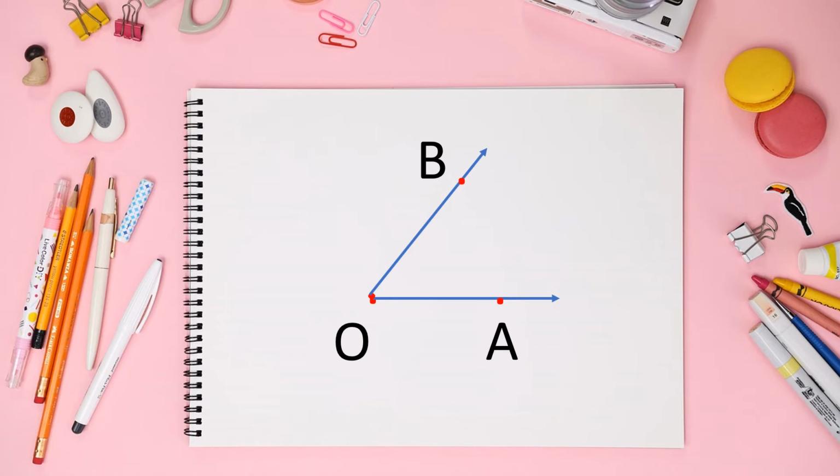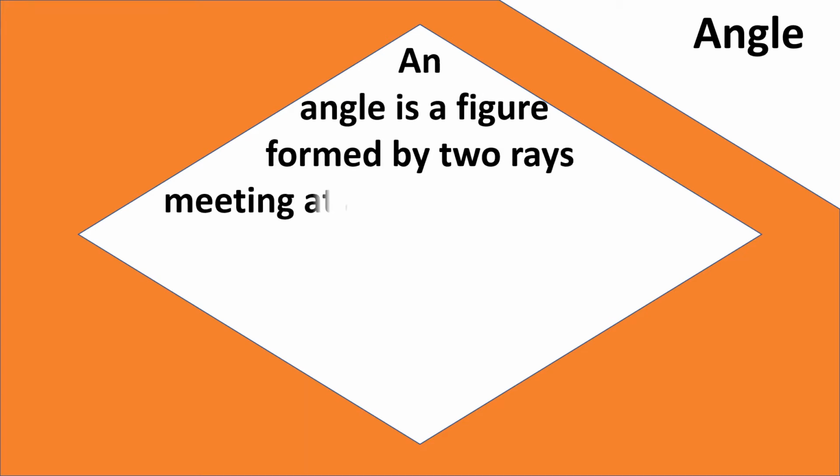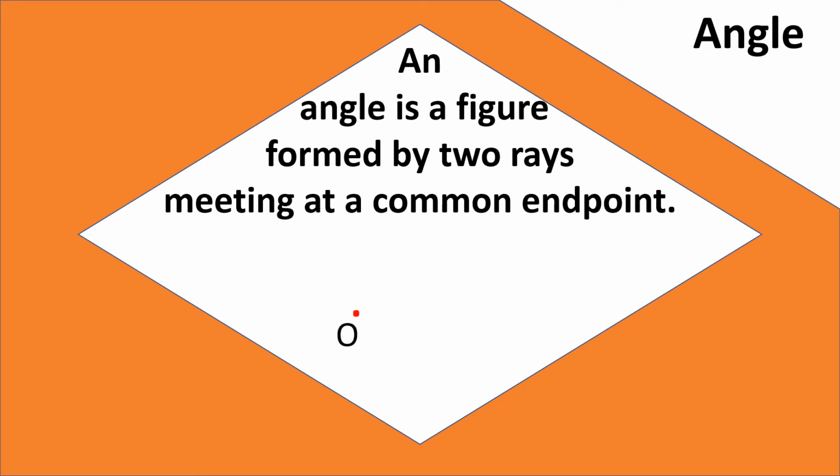The angle is this. Therefore, we can say that an angle is a figure formed by two rays meeting at a common endpoint. Like this, it is a common point and there are two rays OA and OB and here is an angle.